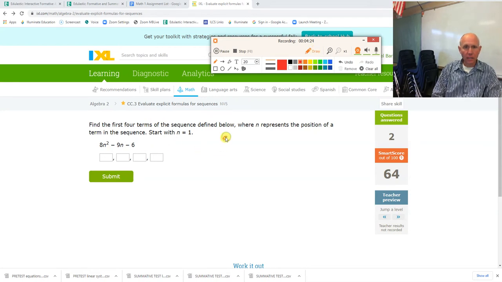So I do 8 times 1 squared, which is 1, minus 9 times 1, so minus 9, minus 6. So this is 8 minus 9 minus 6, or is that going to be negative 7? Negative 7.